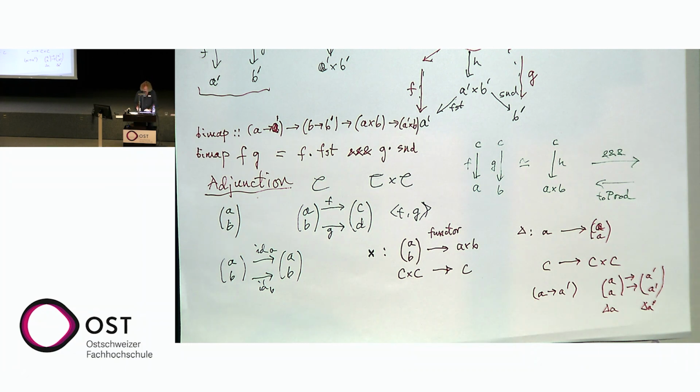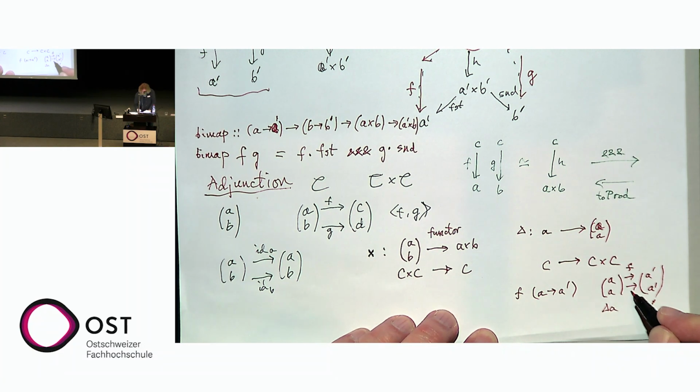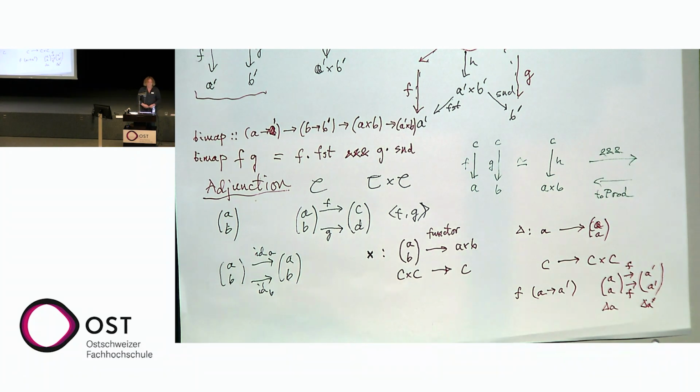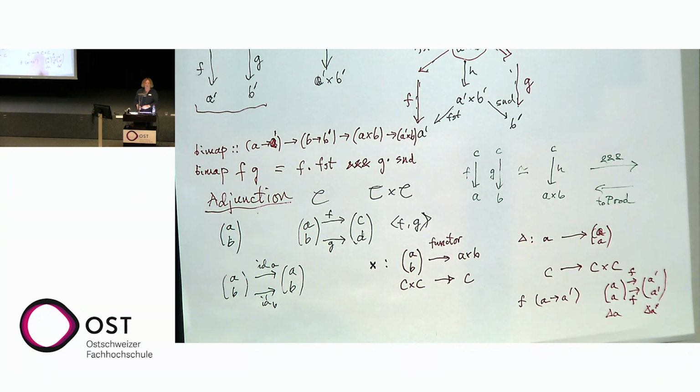And you do it just by, if this is called F, then you just do it by duplicating F. So both of these things, product and delta, are functors, means they map objects to objects, arrows to arrows.